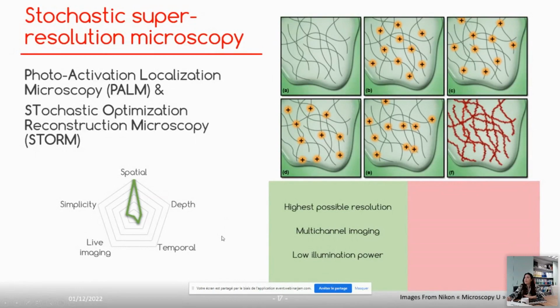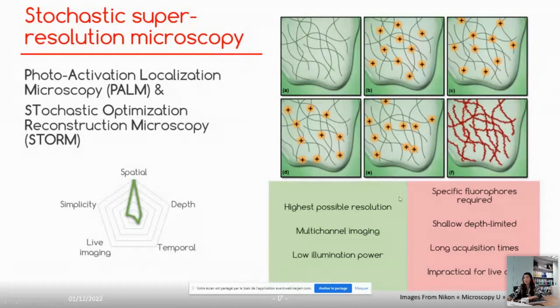You can do this up to 20 nanometers, possibly even a little better, a little worse, depending on the sample. You can do it in multiple colors, and it uses relatively low illumination power to achieve this, which is a good thing because you need to do this many, many times over. So the biggest limiting factor with this is, well, a couple things, but in particular, we must use specific fluorophores.